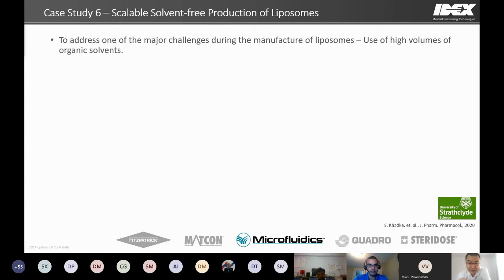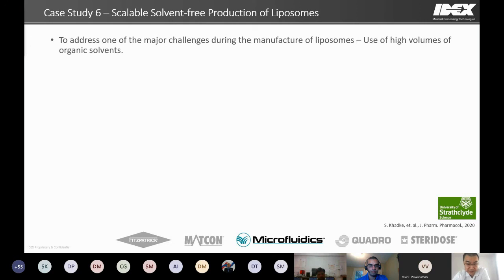So that's a problem. So commonly used solvents during the preparation step include chloroform, ethanol, methanol, and diethyl ether.